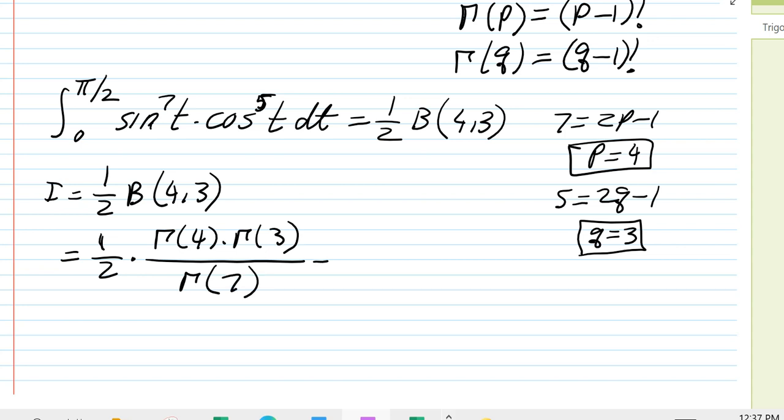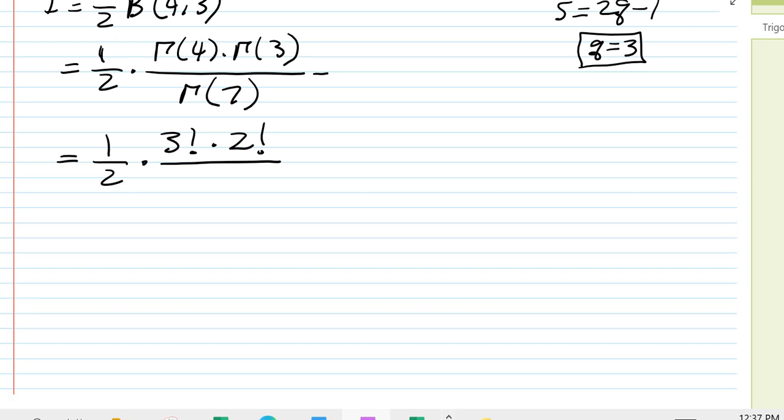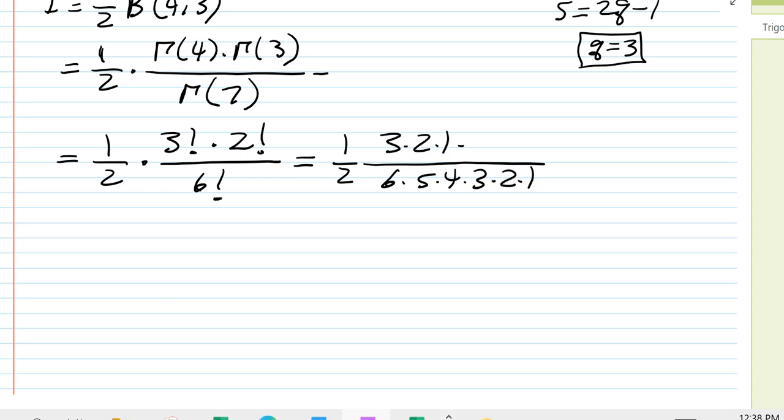Now in factorial notation, I can write this as 1/2 of gamma of 4, that's going to be 3 factorial, gamma of 3 is 2 factorial, divided by gamma of 7, which is 6 factorial. And you can work out the factorials. Let me just do it for you. 6, 5, 4, 3, 2, 1. 3 factorial, of course, 3, 2, 1, and 2 factorial, 2, 1.